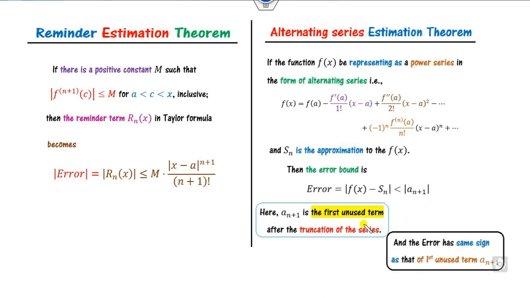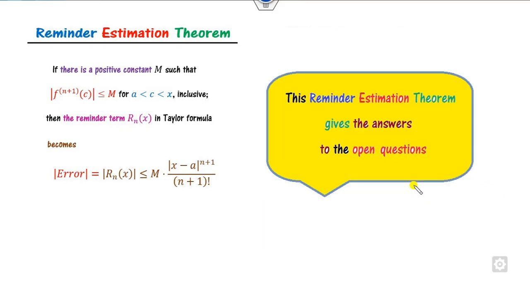It is the first unused term after the truncation. If you truncate here, then the first unused term is this. If you truncate here, then the first unused term is this one. And whether f of x is greater than Sn or less than Sn depends upon the sign of this a n plus 1. We will explain this with the help of numerical examples.